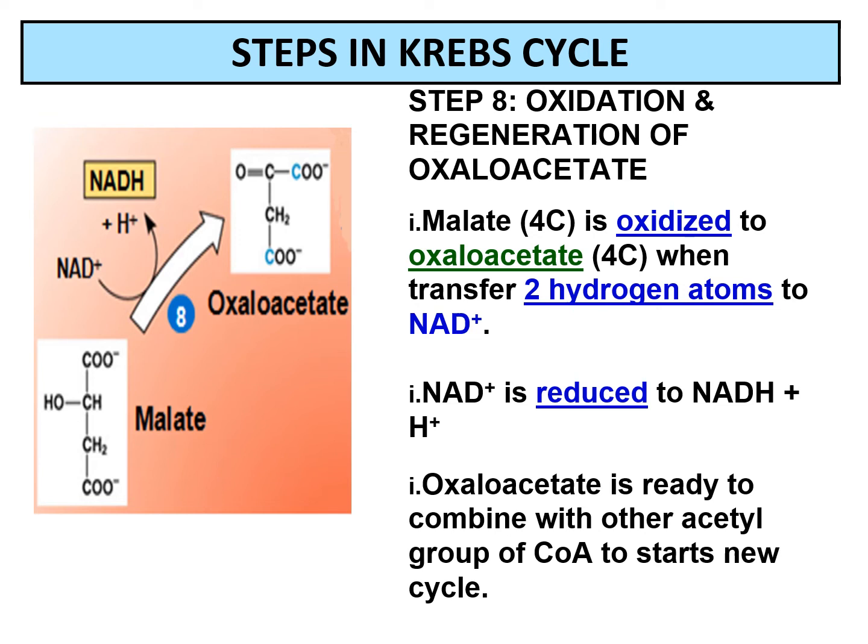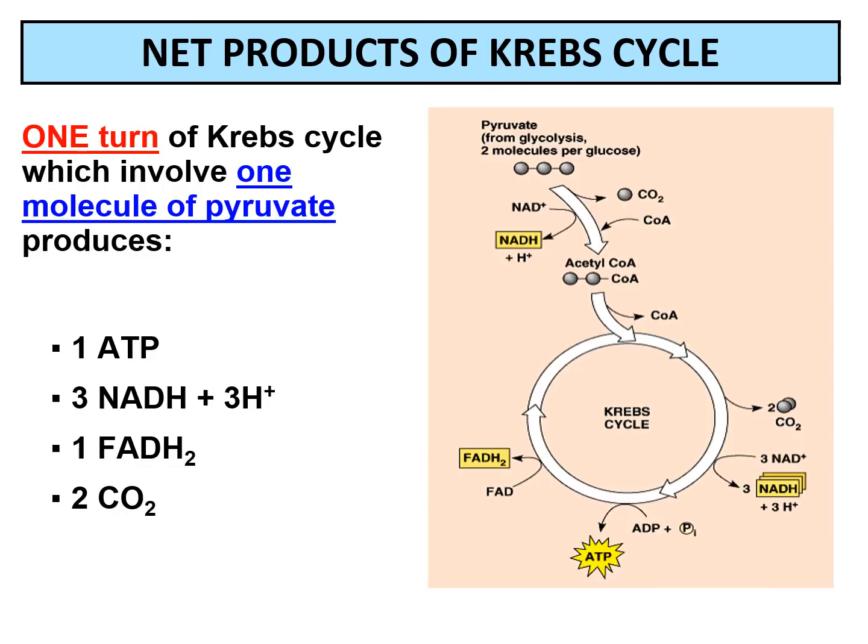Here in this step, the oxidizing agent is the NAD+. NAD+ receives 2 hydrogen atoms to be reduced to NADH. So oxaloacetate will be ready to combine with another acetyl-CoA to start a new Krebs cycle.